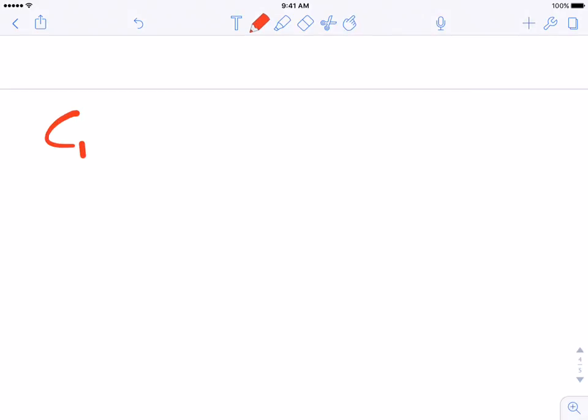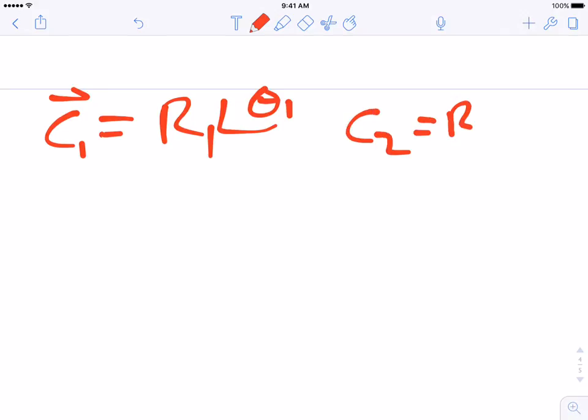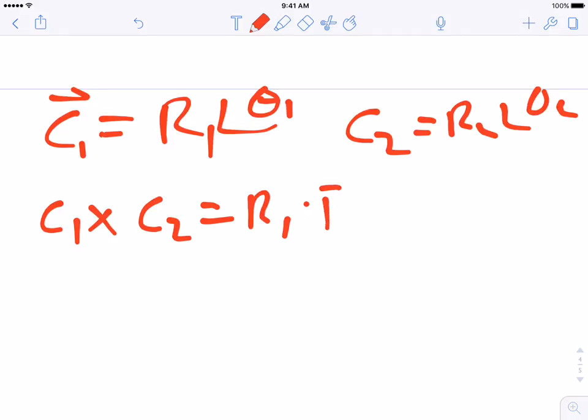Okay, so the second thing we're going to look at here is multiplying and dividing. So in this case, you want to use R angle theta, R1 angle theta 1, and then C2, R2 angle theta 2. So C1 times C2, we're going to do R1 R2 angle theta 1 plus theta 2.